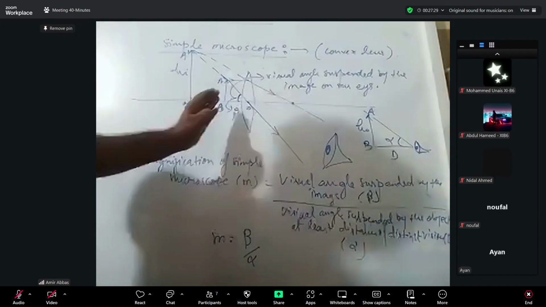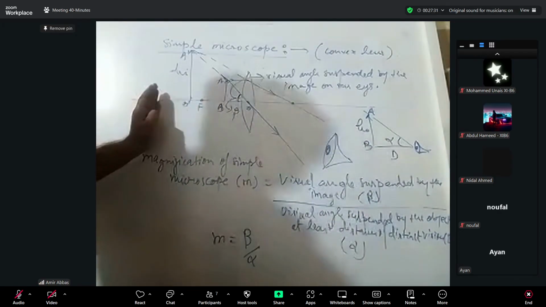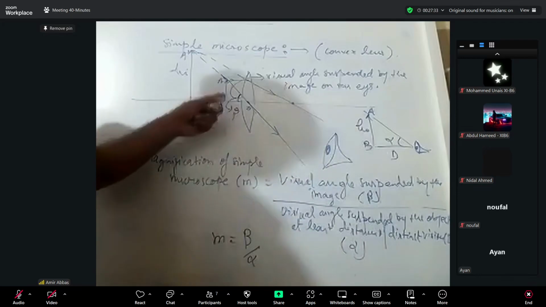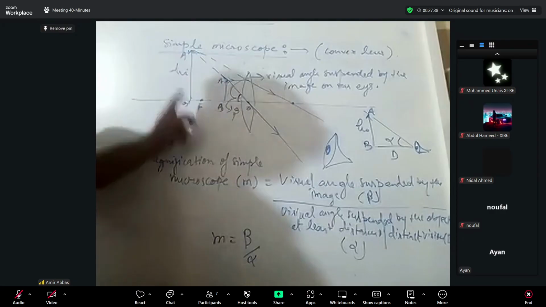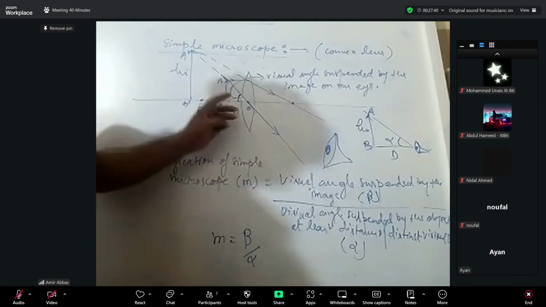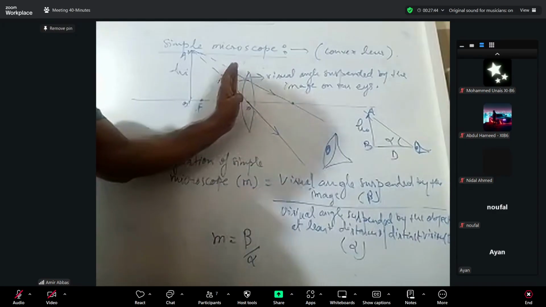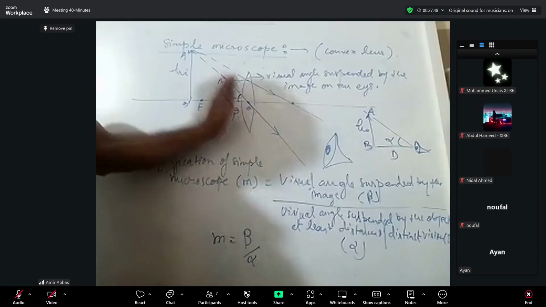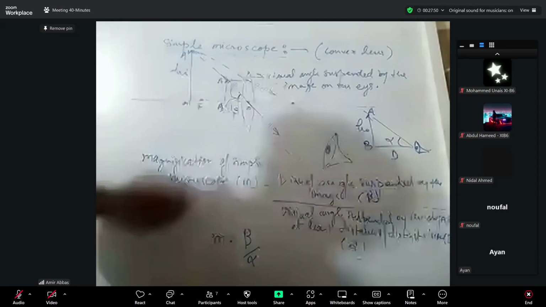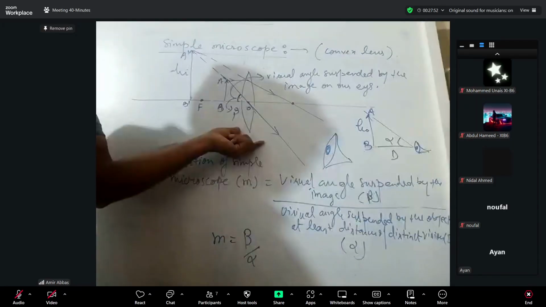To make its image far from this, but at the same angle. You can see these two triangles are similar. Triangle ABO and A dash B dash O are similar. We have taken this object closer than the least distance of distinct vision, but to see it clearly, we have made its image beyond that by using this lens. Have you got this?